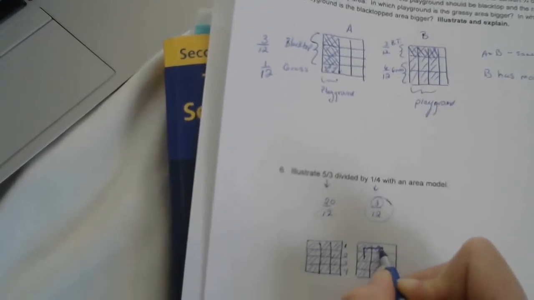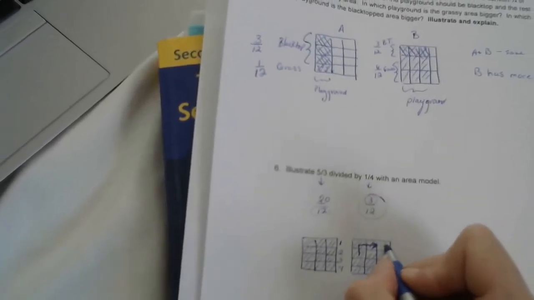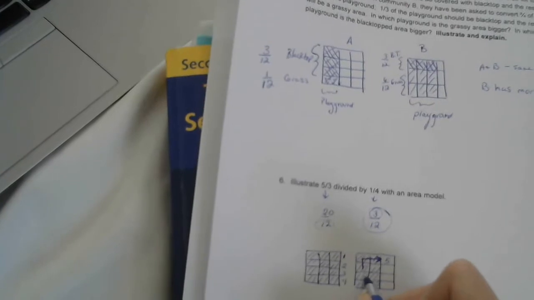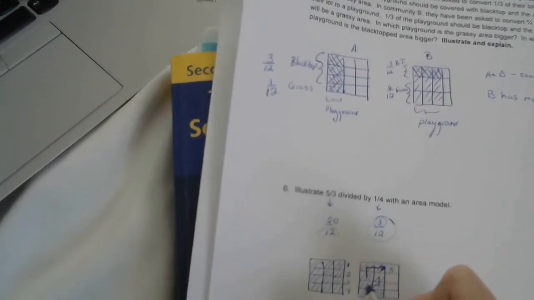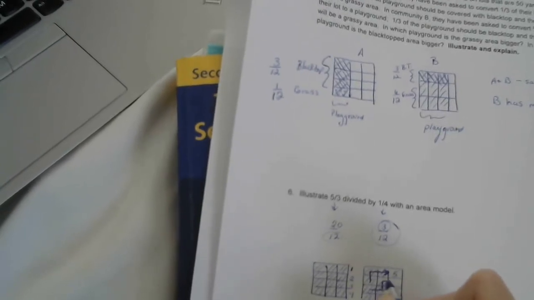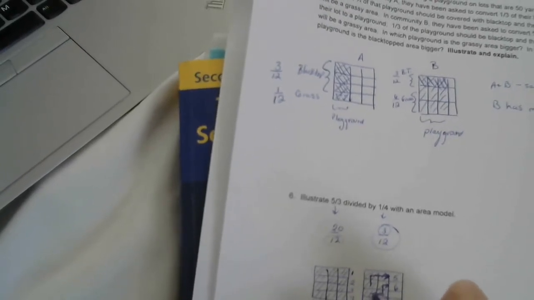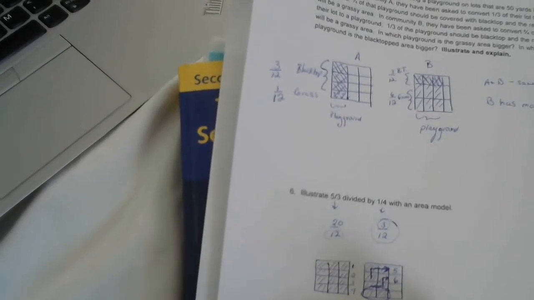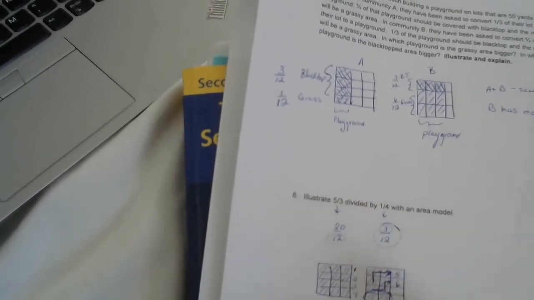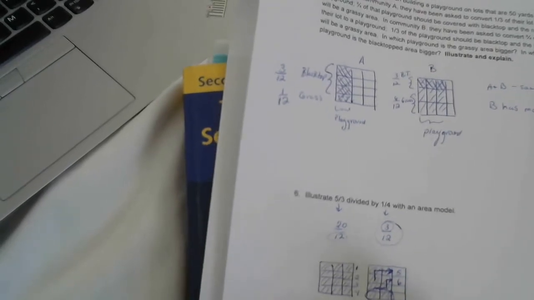Doesn't matter, as long as you count them up into thirds, doesn't matter how you count them. That's going to be a 5th set. And then this one right here, that will be a 6th set. And you have 2 of those 3/12s left over. So you have 6 and 2 of the 3s that you counted, or 2/3 left over.